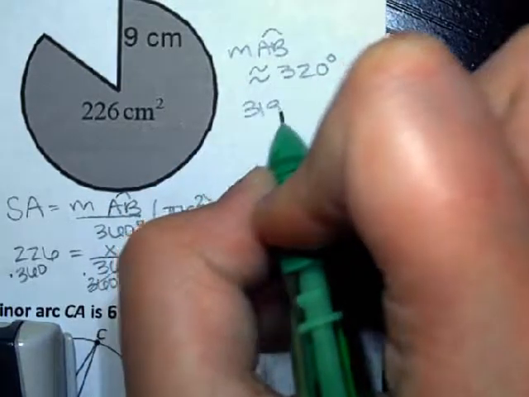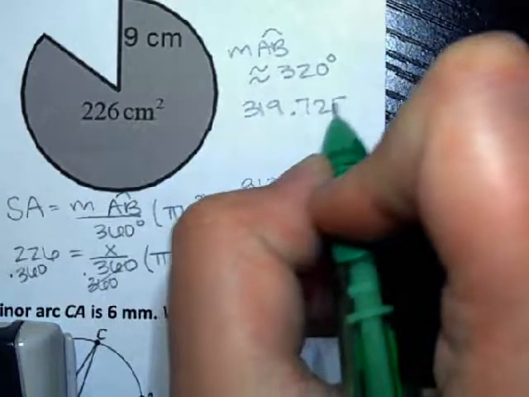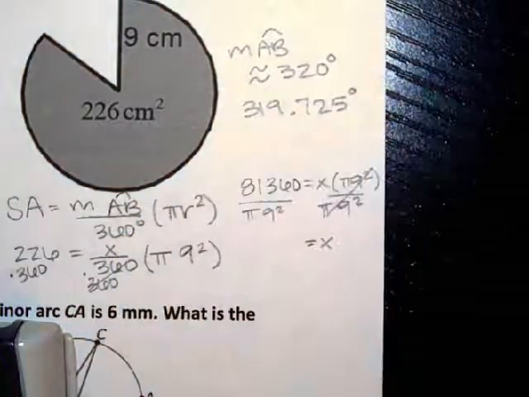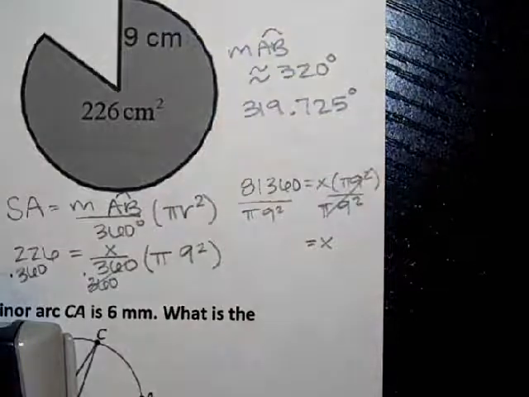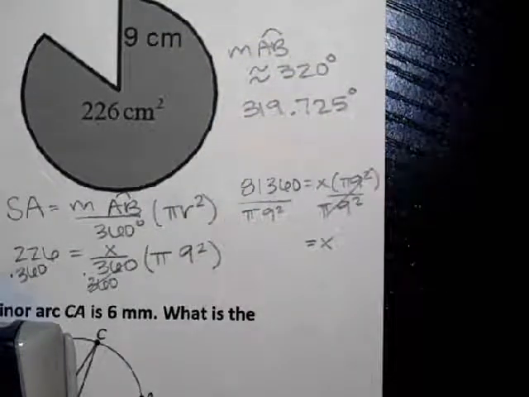On a test, I would be very specific about which one I expected you to say. I would say rounded to the nearest whole degree or 3 decimals or whatever. All right, the easiest problems I think that are on here are 1 through 18. The more difficult problems are the multiple choice ones.